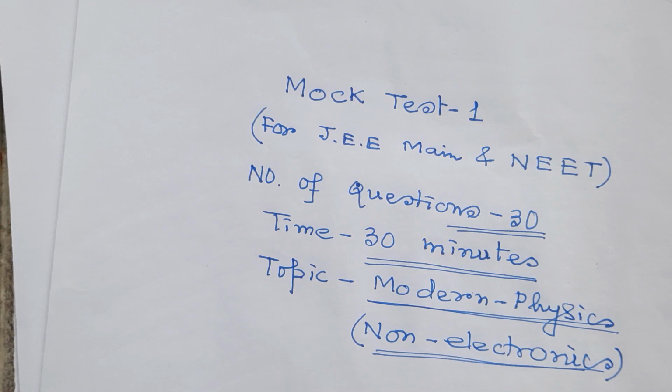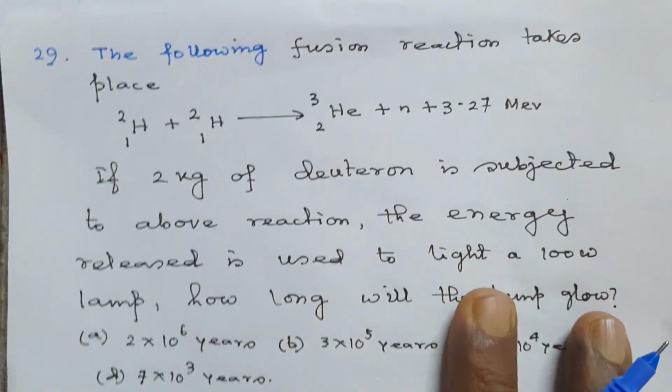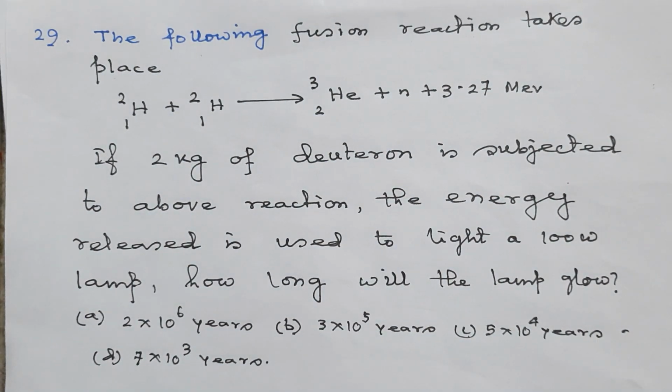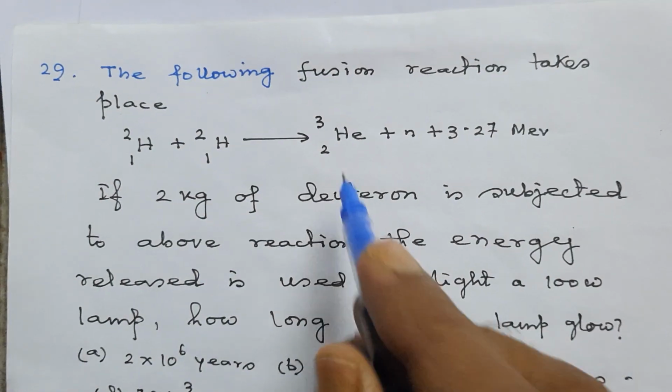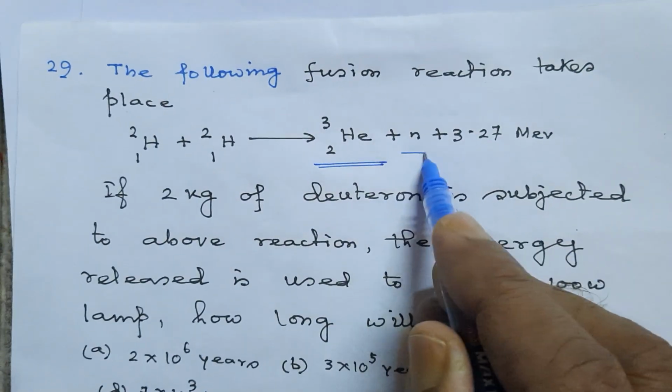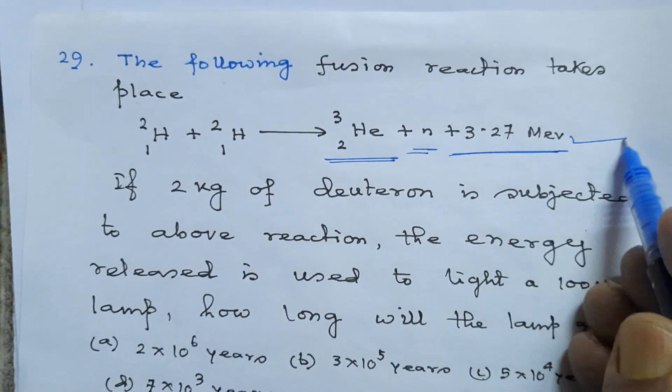Now let us take question number 29. In the following fusion reaction, two deuteron nuclei give a helium nucleus, a neutron, and 3.27 MeV energy.